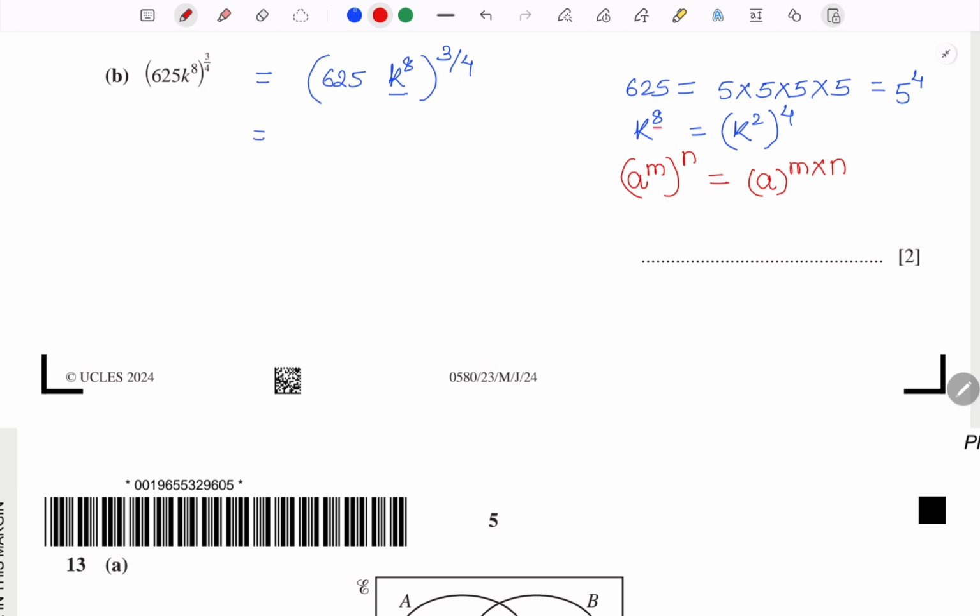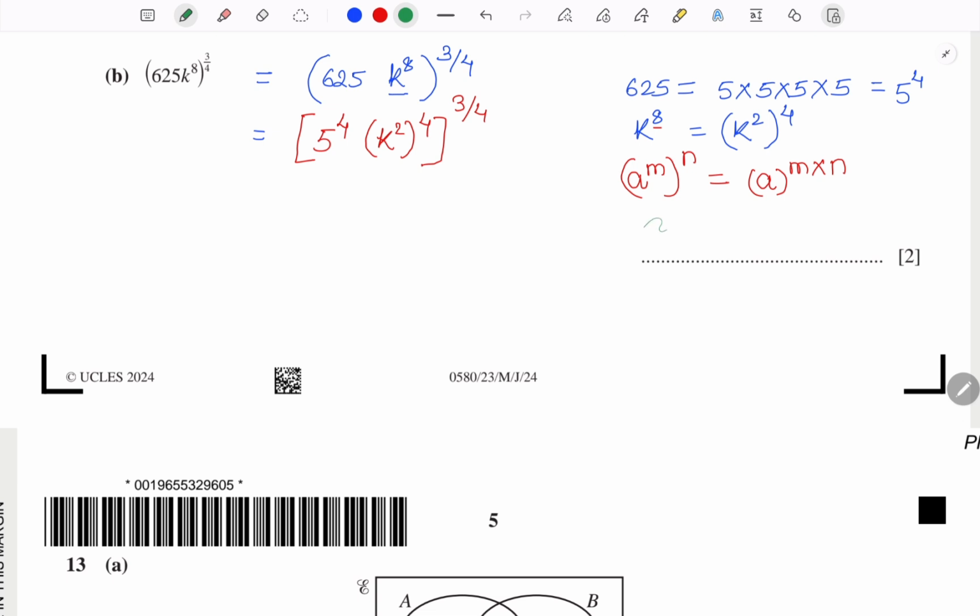Now, let's go back here and write 625 as 5 raised to the power 4, and k raised to the power 8 as k squared whole raised to the power 4, and whole raised to the power 3 by 4 is always present. Now, what can we do from here? See, here we have something interesting.